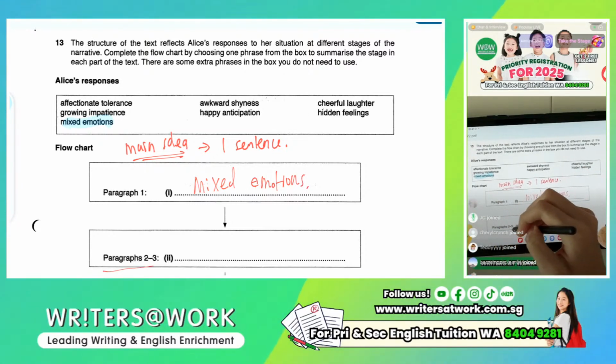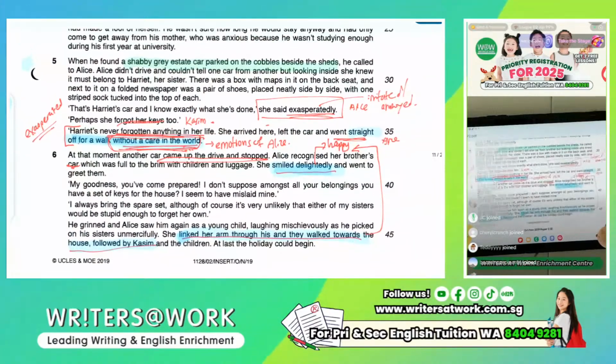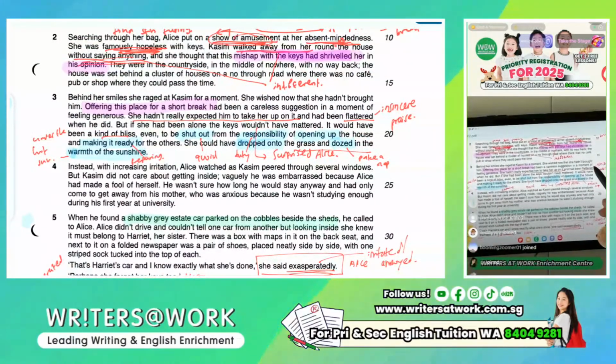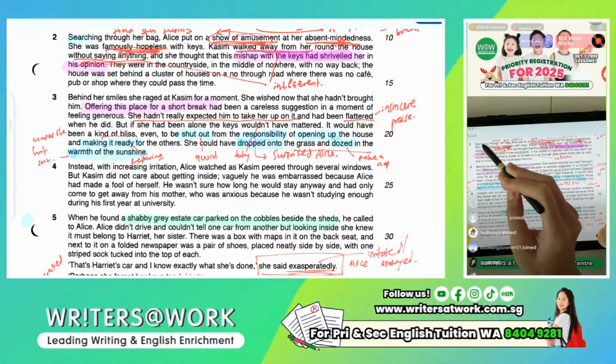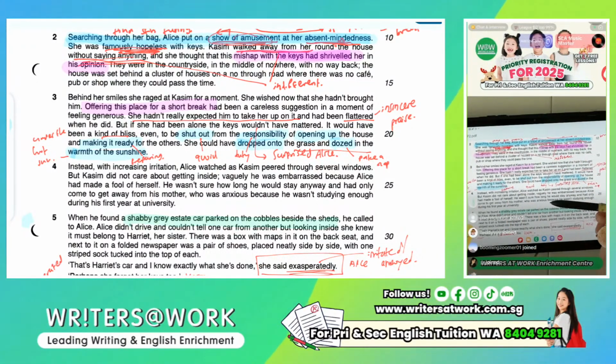Next, for paragraph 2 and 3, we observe that she tried to put on a show of emotion to cover up the fact that she had forgotten the keys. Right? And if you take a look at paragraph 3, there wasn't any emotion mentioned, because she's just having her own inner thoughts that she wished that Kasim wasn't there and she wouldn't feel so stressed.